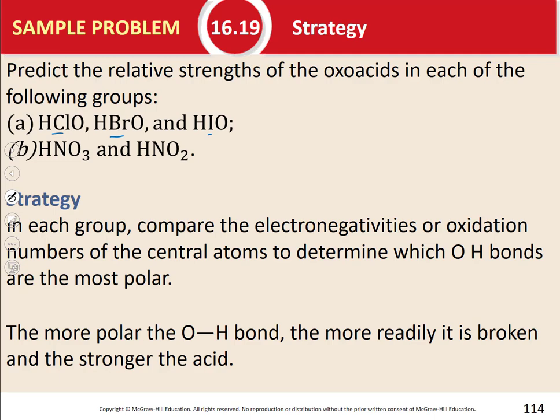So which one would be the strongest acid? The chlorine, good. The stronger the electronegativity, the stronger the acid, because it's pulling electrons away from the oxygens. Therefore, the oxygens aren't going to be able to hold on to the hydrogen as strongly. So of these, in this group, HClO would be the strongest acid.